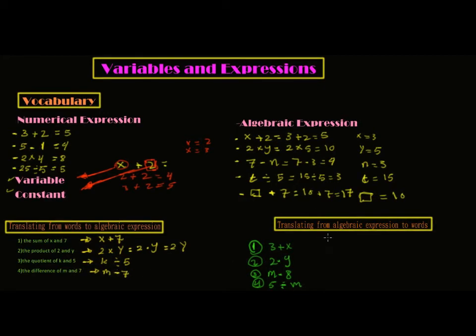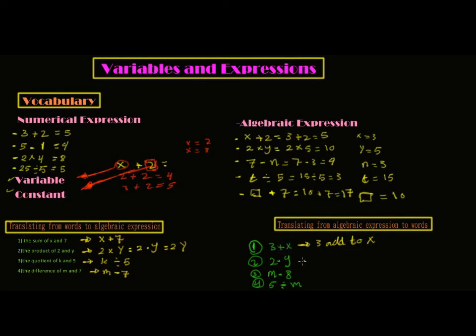On the other side, we have another way: to write an algebraic expression as words or as statements. Here we have 3 plus x. Here we translate from algebraic expression to words, so I have to use words. The best word I could use to express addition here, I could write it as 3 added to x. Another way is to write it as the sum of 3 and x.